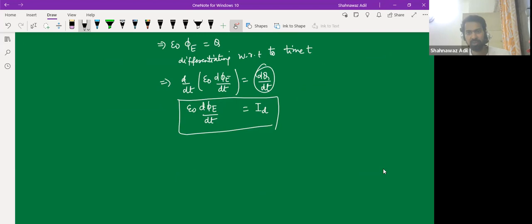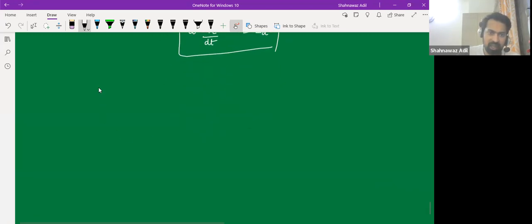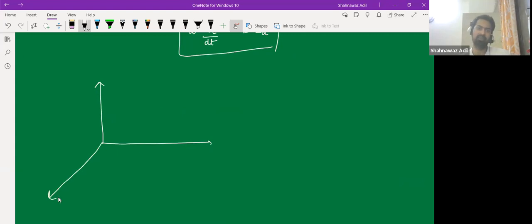Then due to the change in magnetic field, there would be some electric field. So they will go hand in hand. Electric field will produce magnetic field, magnetic will produce electric. So then this will form a wave-like structure, and there would be a wave propagation, and electric and magnetic field will move like an electromagnetic field.